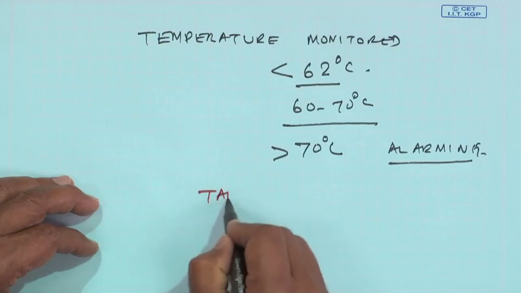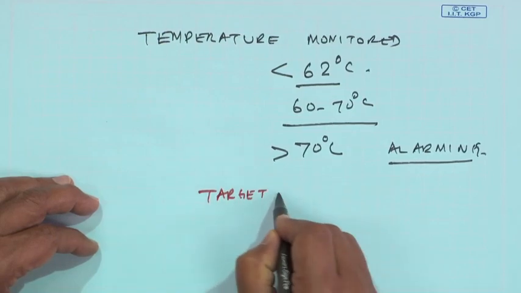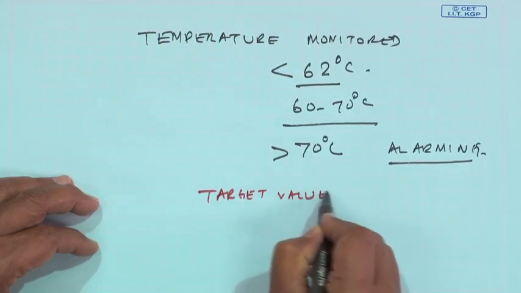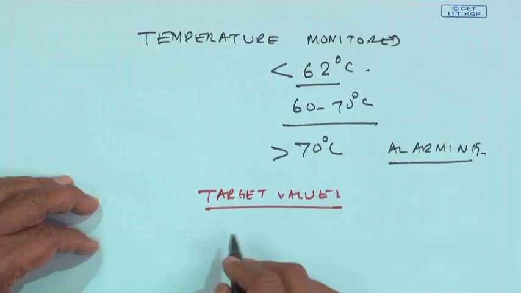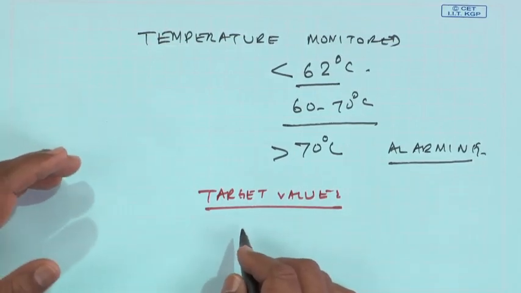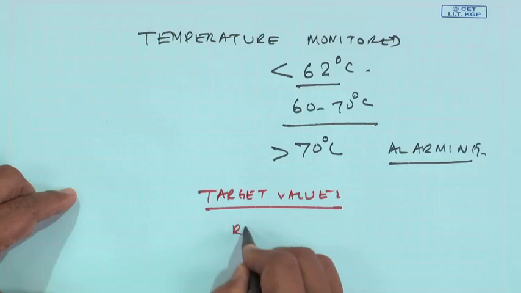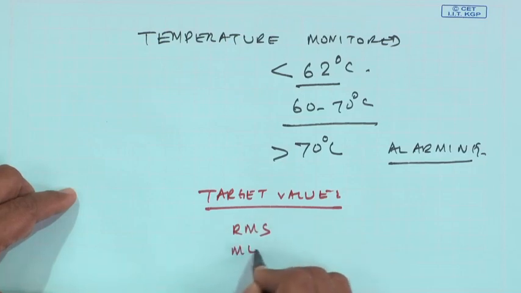Suppose we are doing online monitoring of any parameter, there are certain target values which have been set. What do I mean by parameters? It could be the time domain features of the signal, like the RMS value, the mean value, the peak value, or even kurtosis.